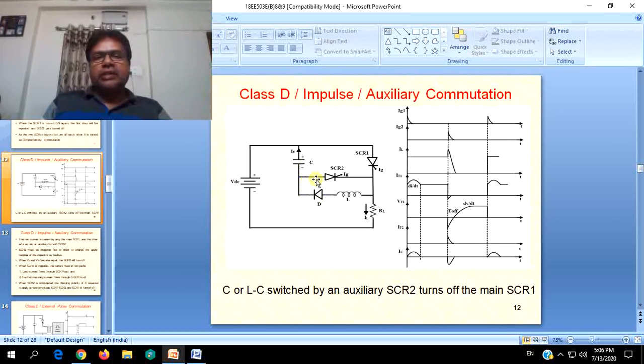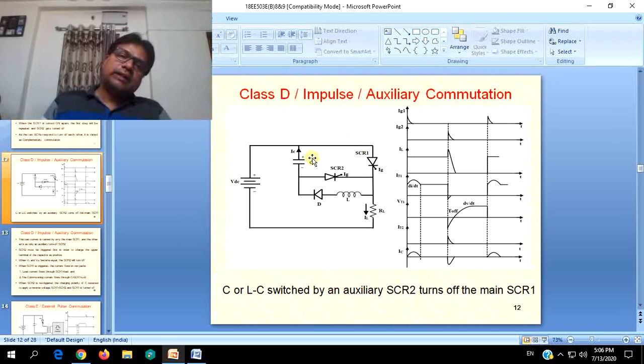At the same time, the auxiliary SCR will turn on. Now the capacitor starts to release the current via the auxiliary SCR, which will oppose the main SCR anode current, and eventually it will turn off.